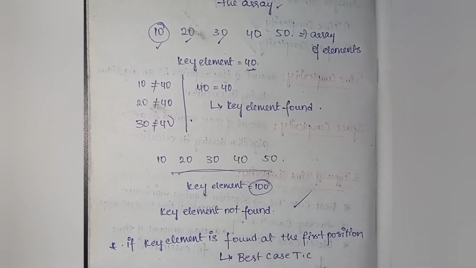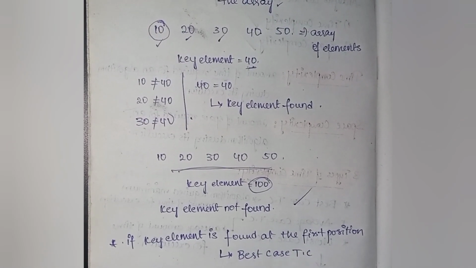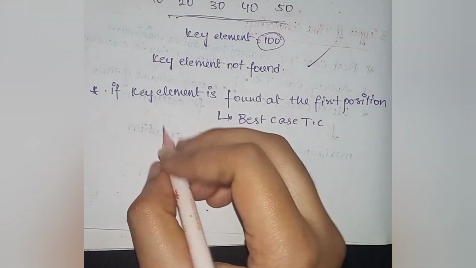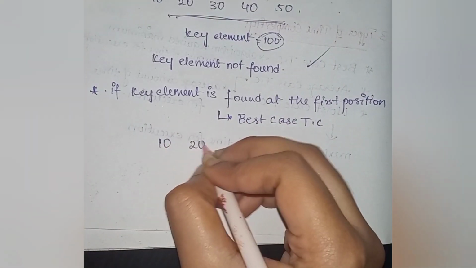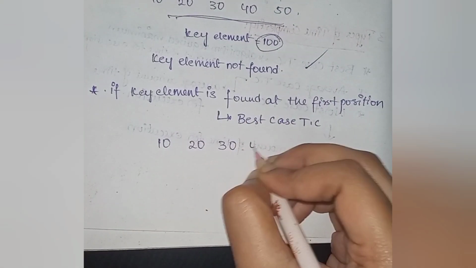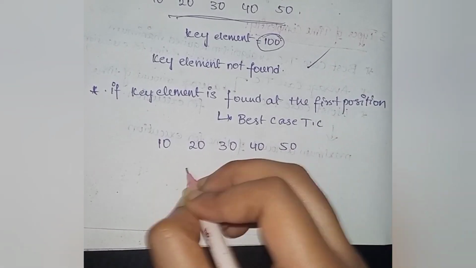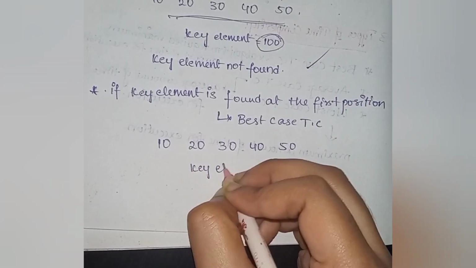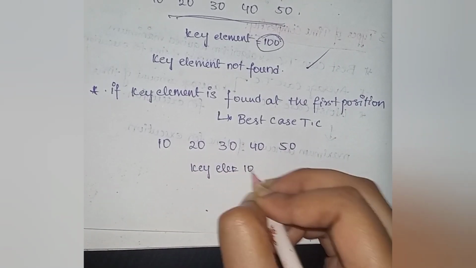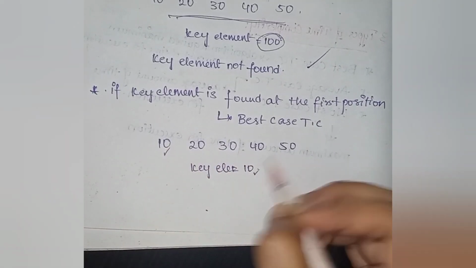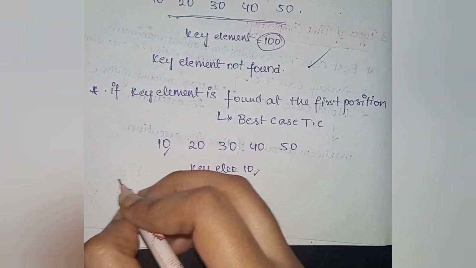How will you tell this is called best case time complexity? See, I'm having my array list of elements 10, 20, 30, 40 and 50, and suppose my key element is 10. So within the first step I can determine that my element is found.